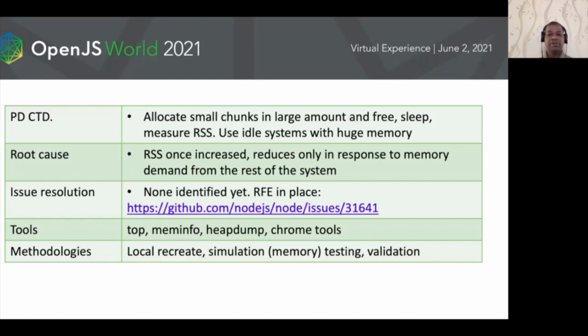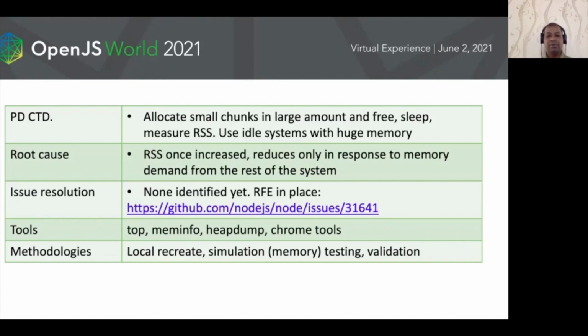Reading through various documentation, manuals and specifications around virtual memory and resident set memory, and with the help of a small C program which truly simulated the Node.js scenario, we could understand the root cause of the issue.